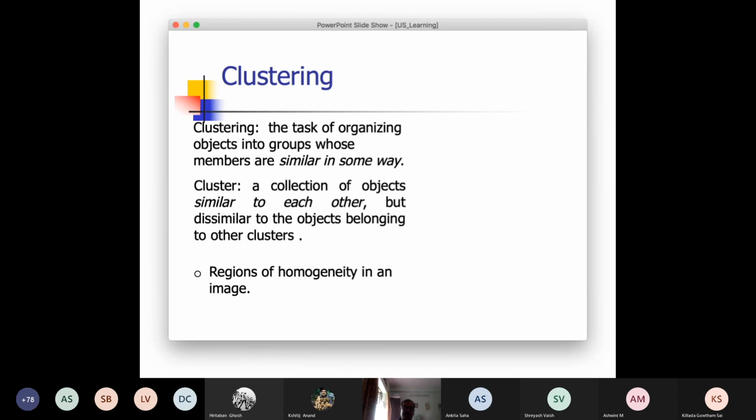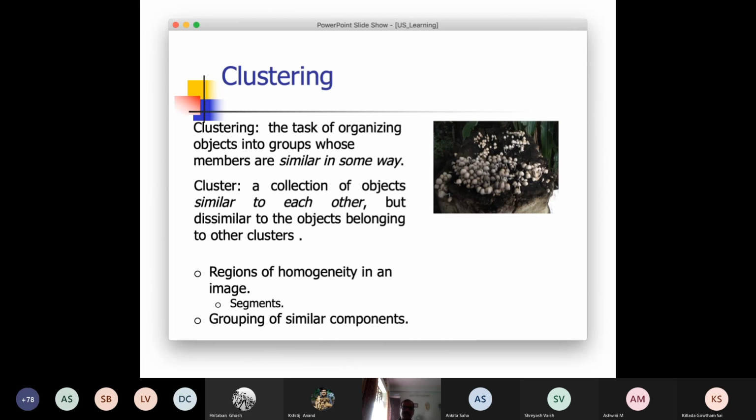Regions of homogeneity in an image are one kind of example of this unsupervised learning, which we call segmentation in the jargon of image processing. It is the grouping of similar components, and that is in fact the cluster. It is a very simple example. Say you have this image of a mushroom over a certain kind of black biomass.